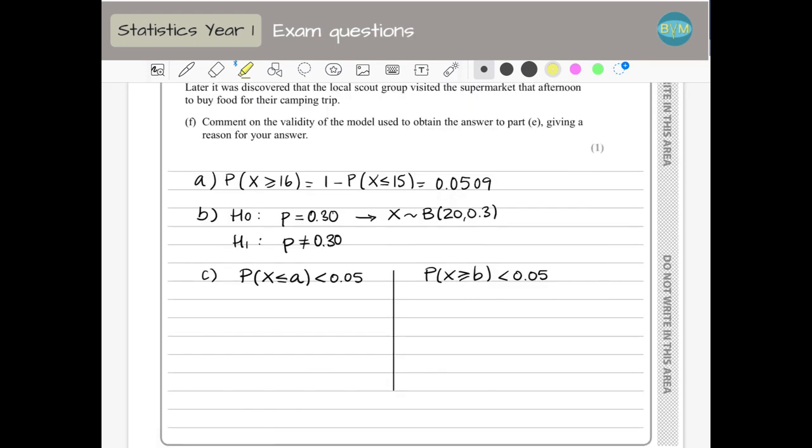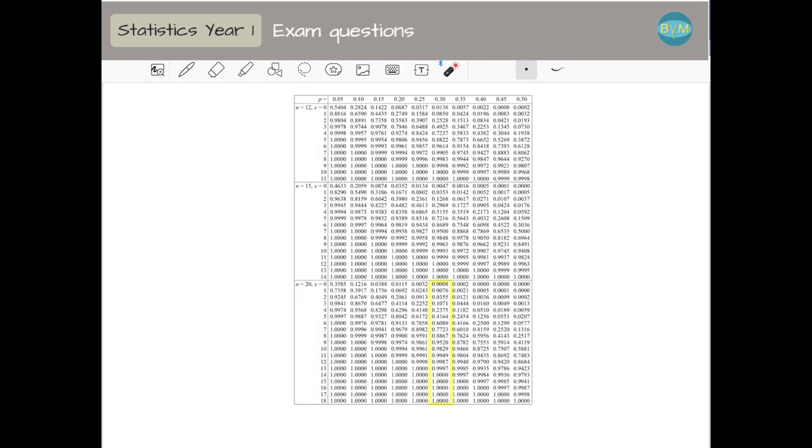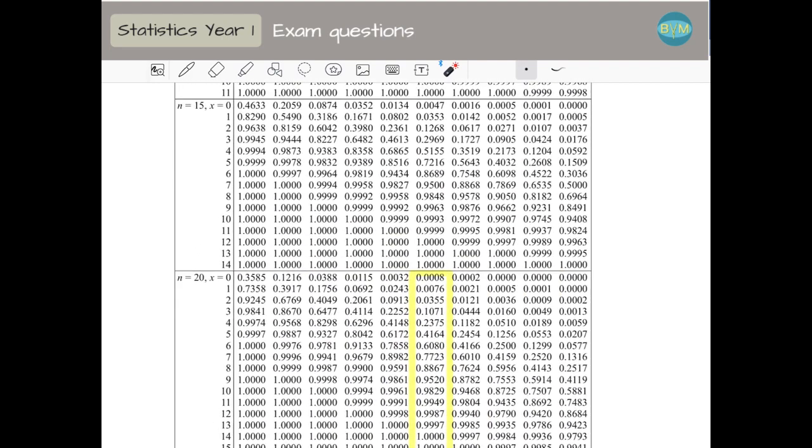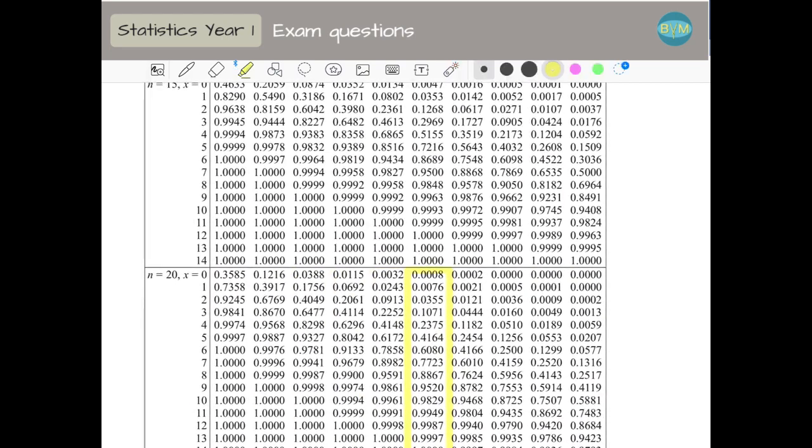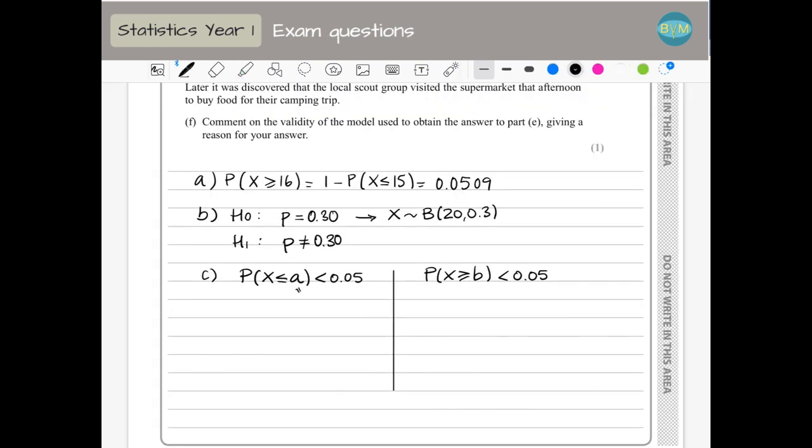We need to find the smallest value that gives me a probability smaller than 0.05. So if you look here, the first value that gives me smaller than 0.05 is this one, which corresponds to x equals 2. So this a is going to be 2.